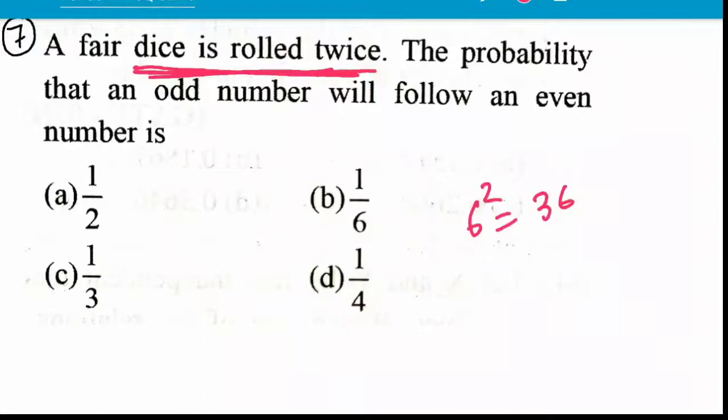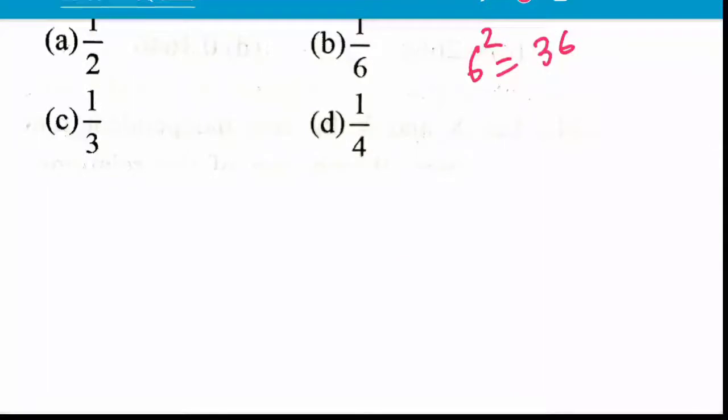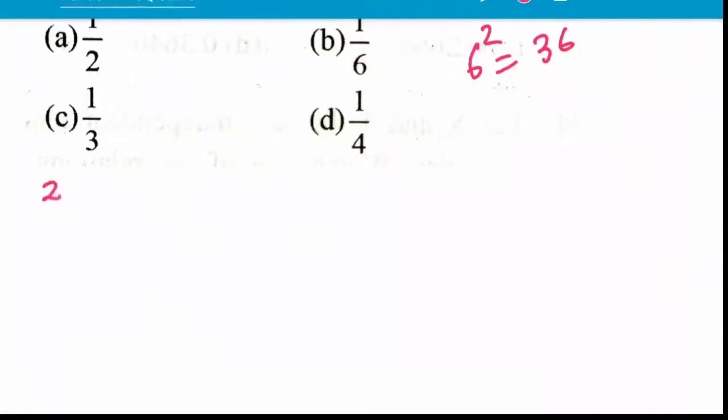And an odd number will follow an even number. We have to find out these combinations. Suppose the even number is 2. So the odds can be found by 1, 3 and 5. When 2 comes, these odd numbers can follow.